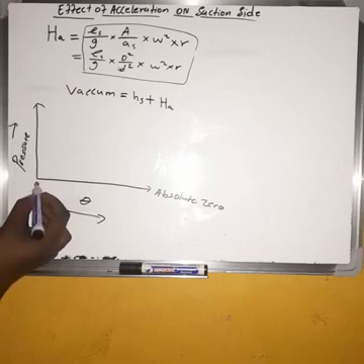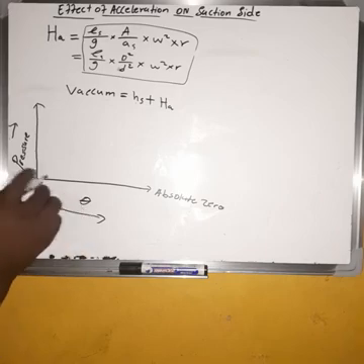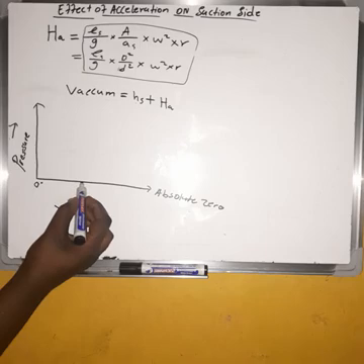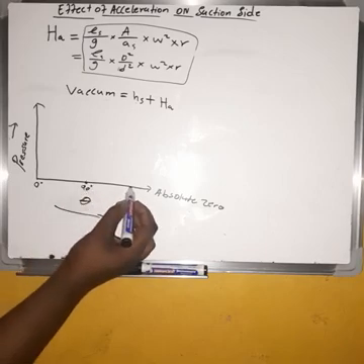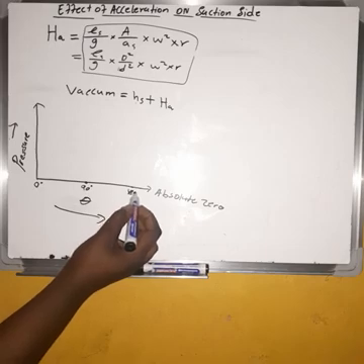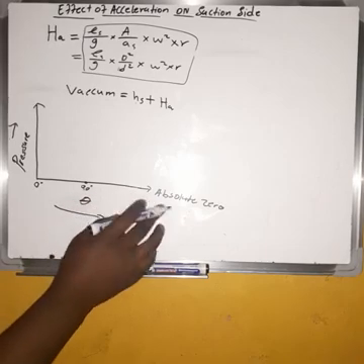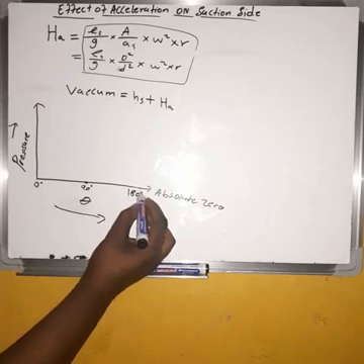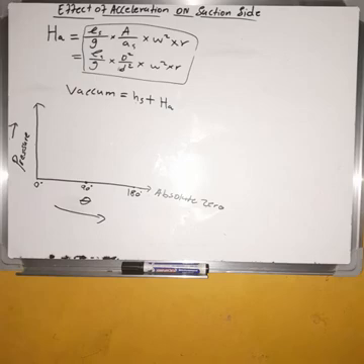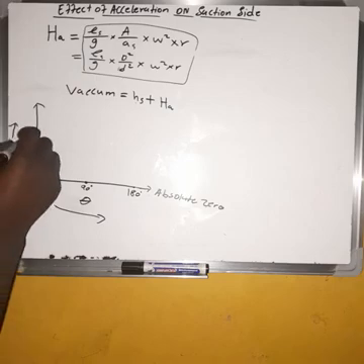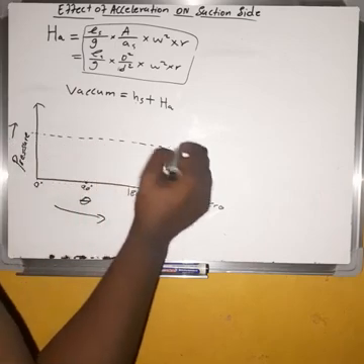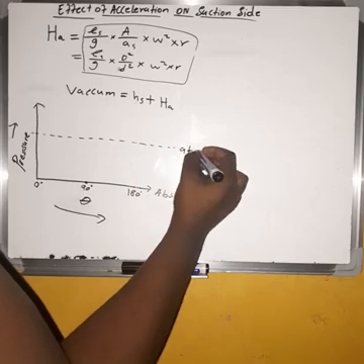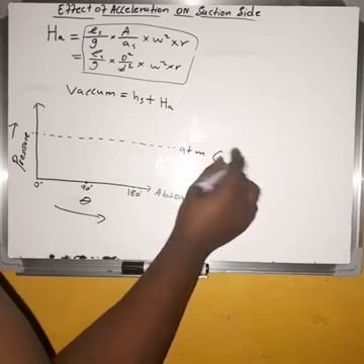Here it's zero, increasing; here would be 90, and here we have 180 degrees. Then here we'll have atmosphere, or H.